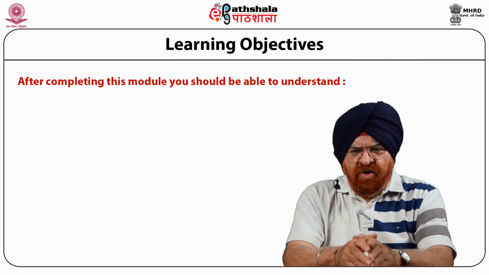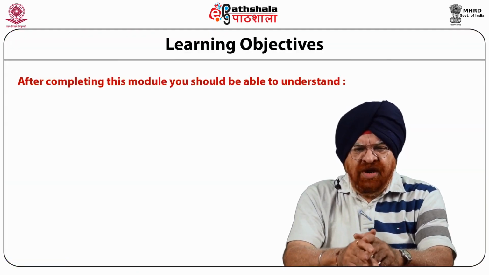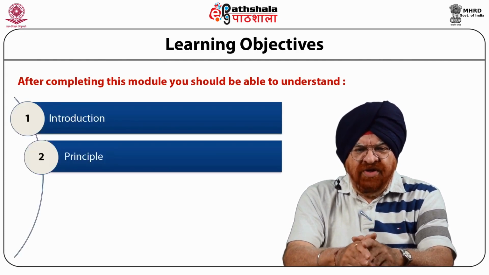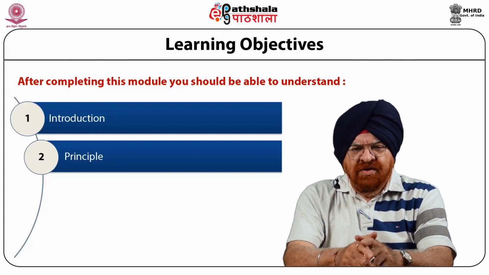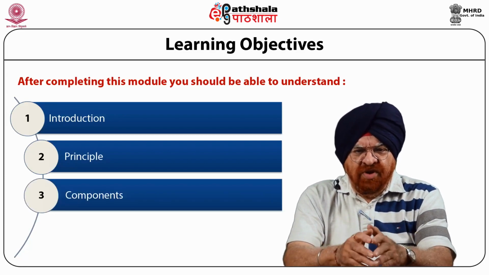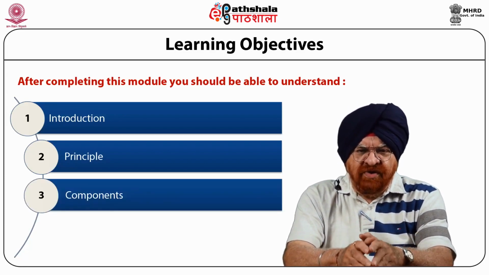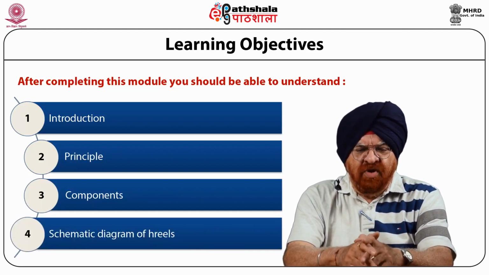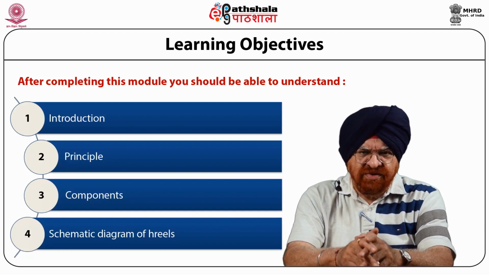Once we finish this module, you will be able to understand the introduction of this, then the principle involved in the use of this technique. Third would be obviously what are the components which are there in this equipment and what is the schematic diagram of HREELS.